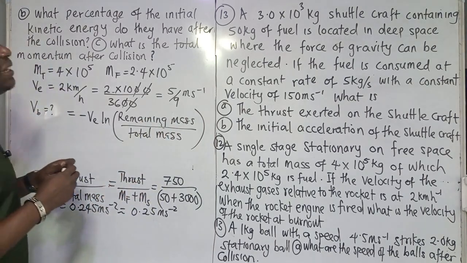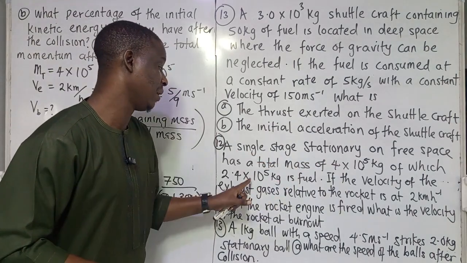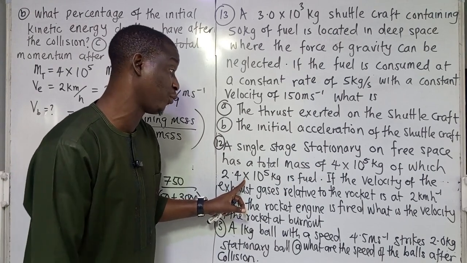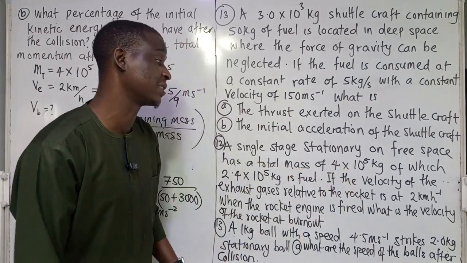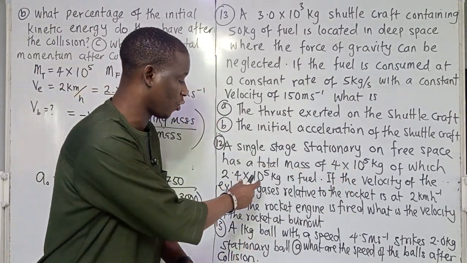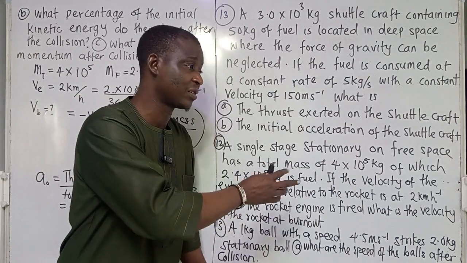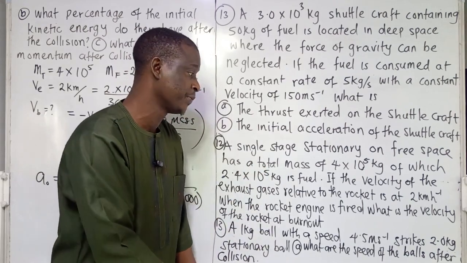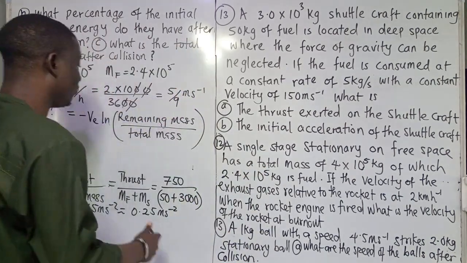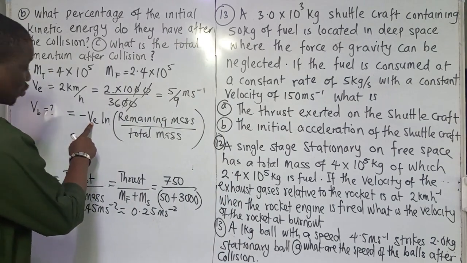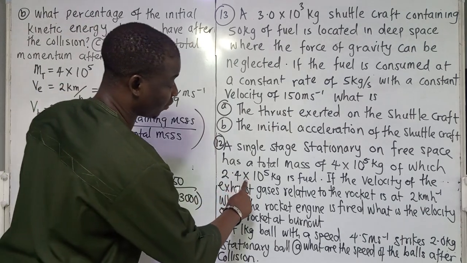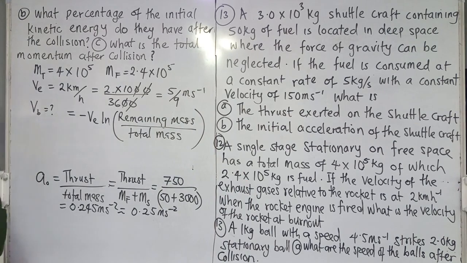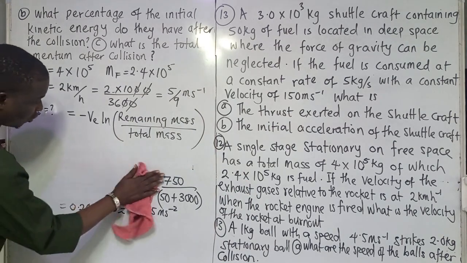Remaining mass is calculated by removing the mass of the fuel from the total mass. You know why? Because during burnout, all the fuel must have been burned out. All the mass of that must have been exhausted during burnout. That's why we say this is exhaust velocity.